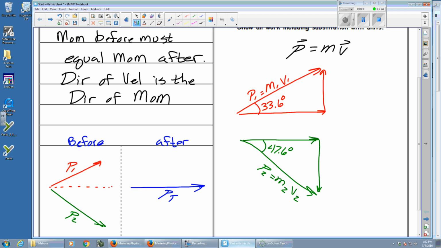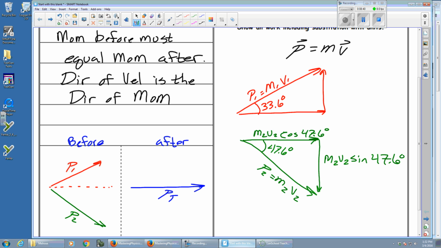So now, since I have right triangles, I can use my knowledge of right triangles. So I know this side is M2 V2 cosine 47.6 degrees, and this side is M2 V2 sine 47.6 degrees.